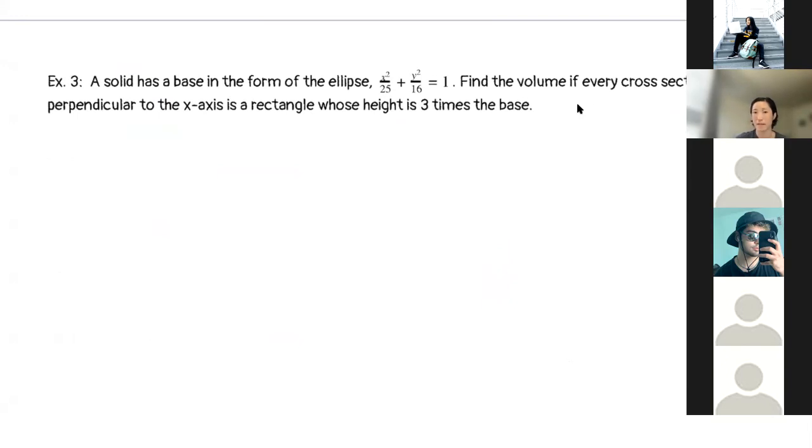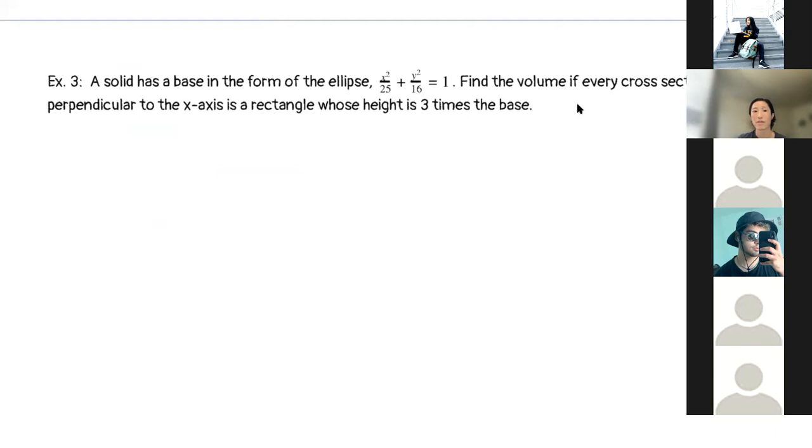So keeping that in mind, let's go back up to the top where we had those diagrams. And let's see which one of those pictures it might match best with, and what we might need to change in order to apply it to this particular question. Okay, so we're looking for a solid that has a base in the form of an ellipse.